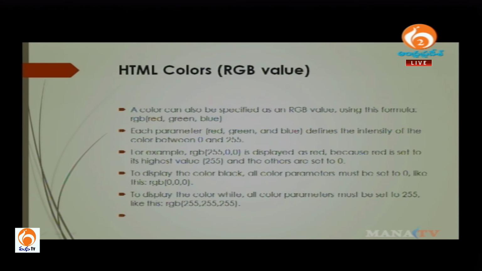As I said, every color that we see is a combination of red, green and blue. With red, green and blue we can denote almost every existing color, and with different values of red, green and blue, different colors will come. Each parameter defines the intensity between 0 and 255, so we can define red from 0 to 255, blue 0 to 255, green also 0 to 255.